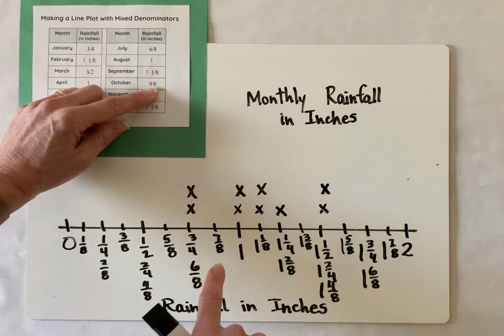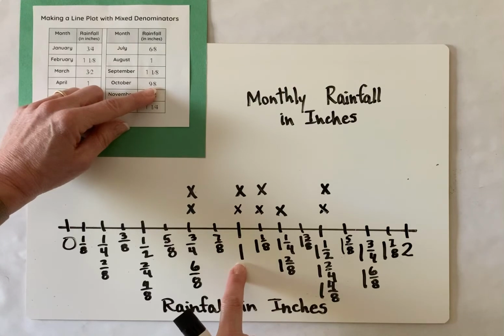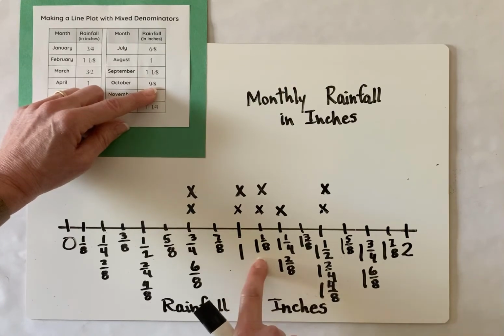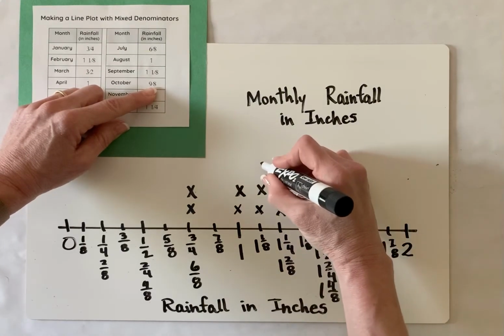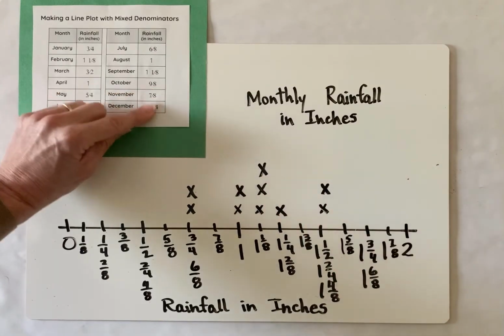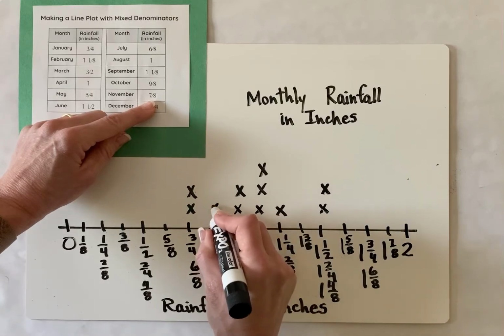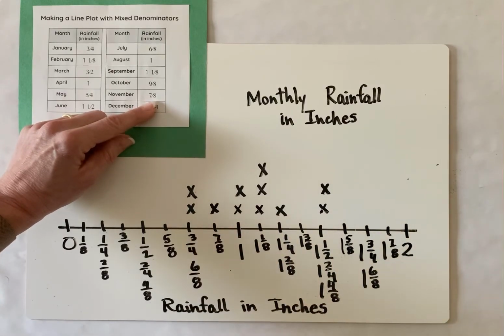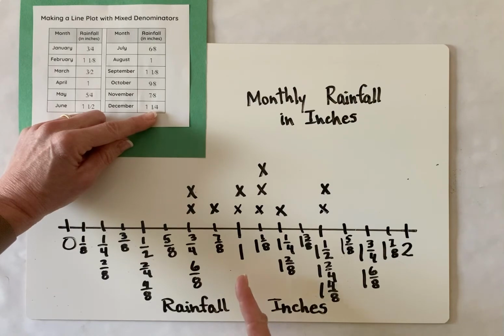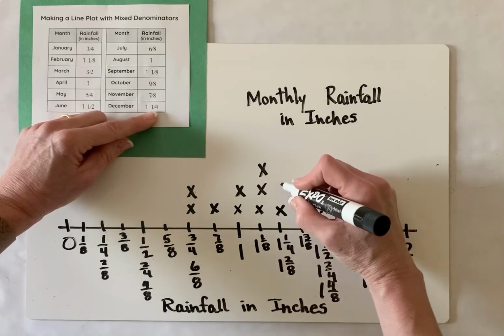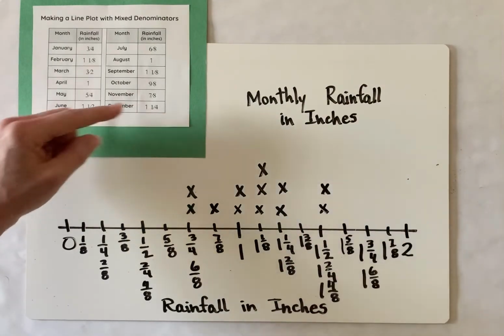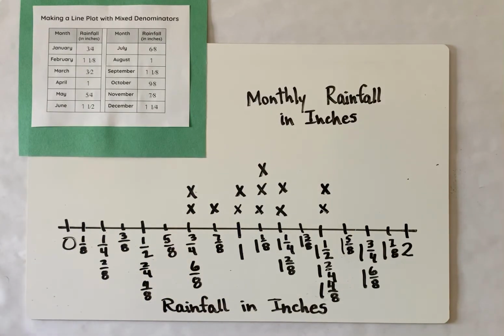So if I know that 8/8 is 1, then this would be 9/8. So that would be 1 1/8. 7/8 is here. And 1 1/4, which is going to be here. All right, and that is how we create a line plot with mixed denominators.